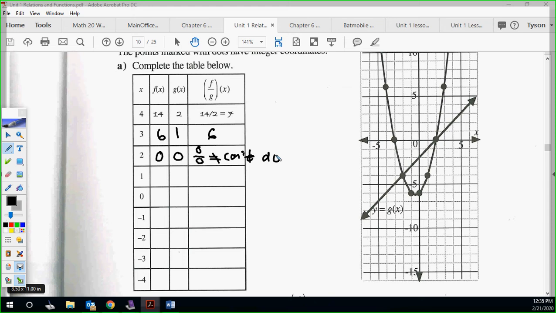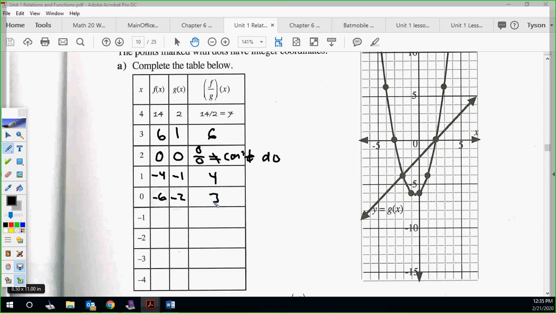At 1, we're at negative 4 for f of x, and negative 1 for g, I mean. So that means we got 4. At 0, negative 6, and negative 2 for 3. So it is being consistent at least.